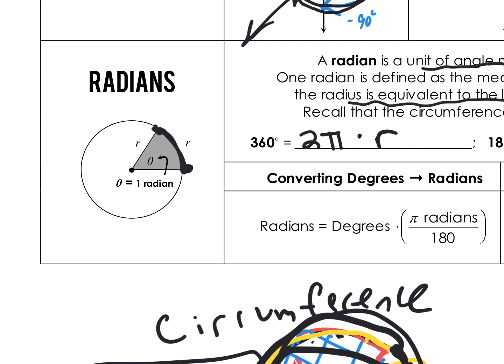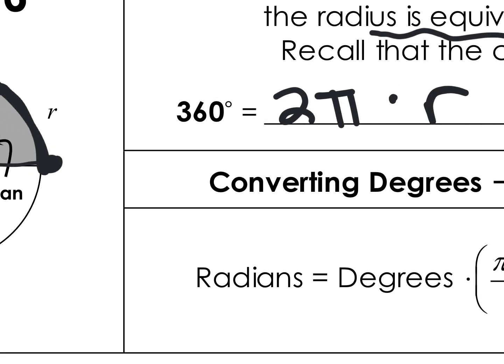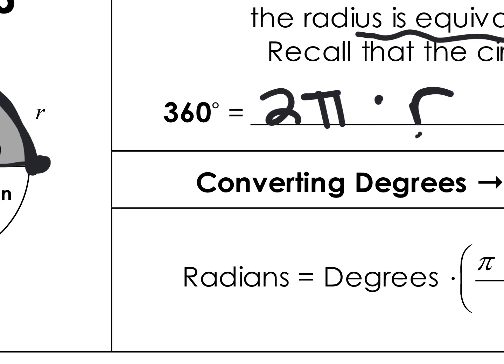And if I use a radius of 1, then I don't have to worry about this r. I can just say 360 degrees is equal to 2 pi, the word is radians.